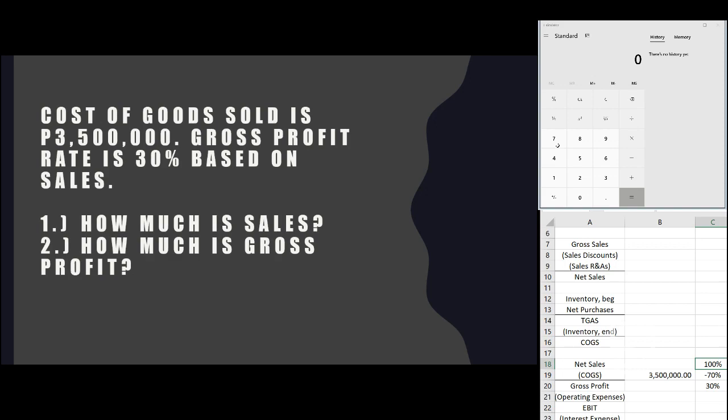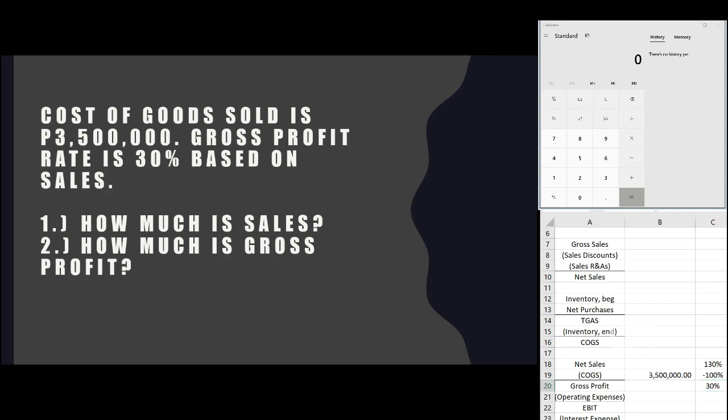So, if the given is 30% based on cost, so mawawala to, yung cost, yun yung magiging 100%. Okay? So, magiging 100% ang cost. Ngayon, ilang percent na si net sales? Okay? In order for us to satisfy the formula, net sales has to be 130%. Okay? So, ganun lang yon.